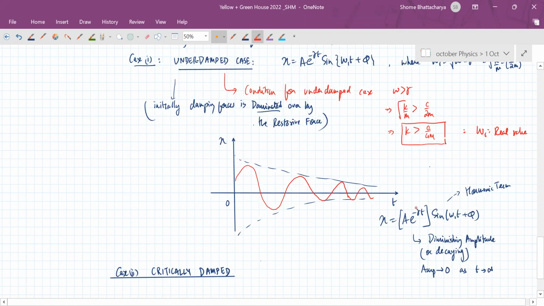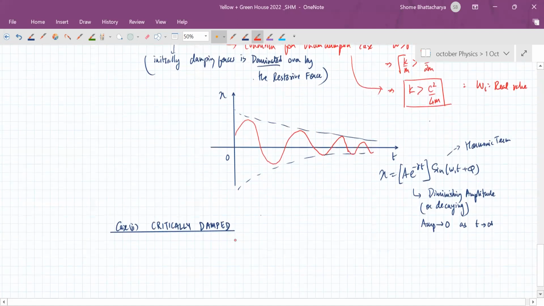Omega is greater than gamma. So c square by 4m. This is the condition for the underdamped case.